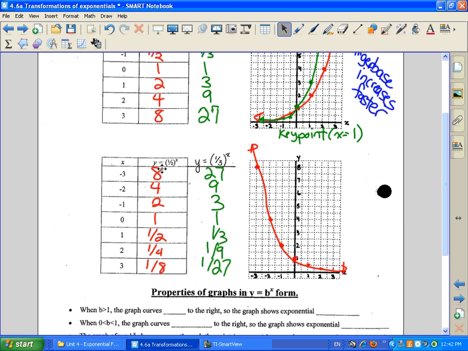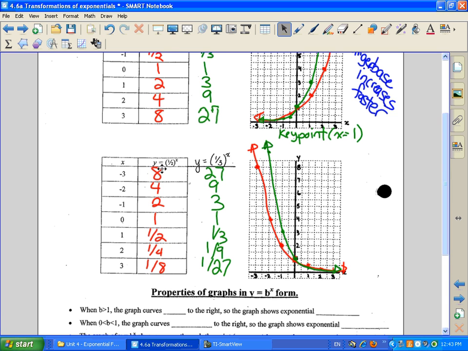Looking at our 1/3 to the power of x, again, we start here, and then -1 is 3, -2 is 9, and then we're going to do 1/3 here, so it goes down lower.